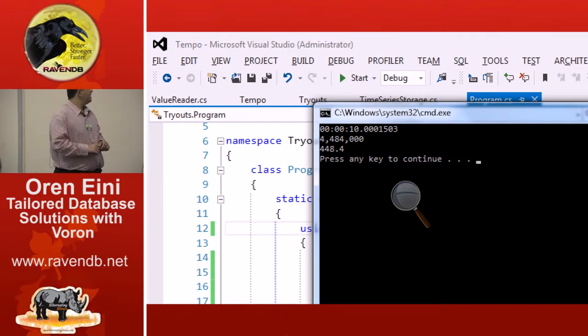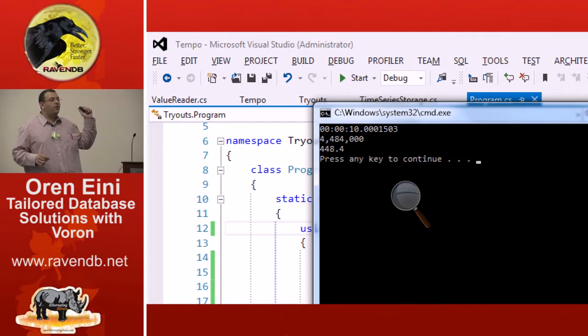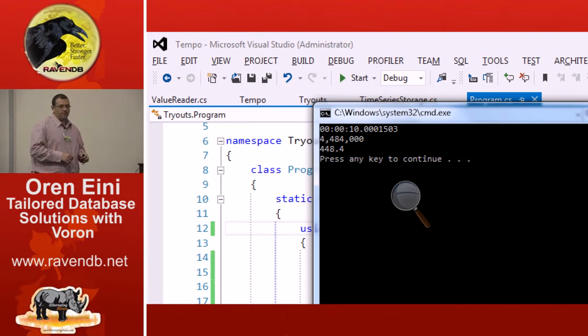For fun, this is 4.5 million records in 10 seconds. This is 450 per millisecond. Remember that the rate required was 3,500 per second.